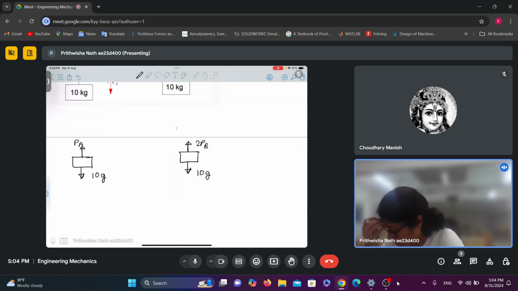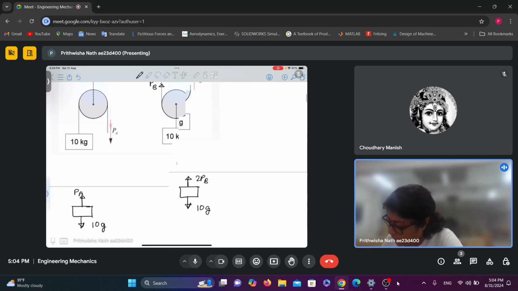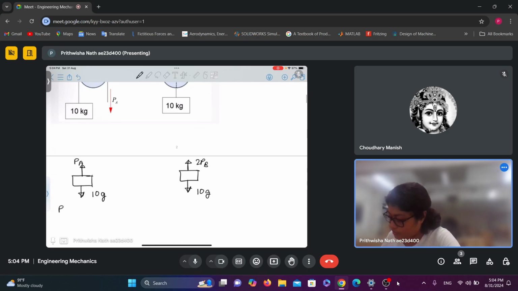So from the first case, Pa equals 10 g, and Pb equals 10 g by 2, that is 5 g.